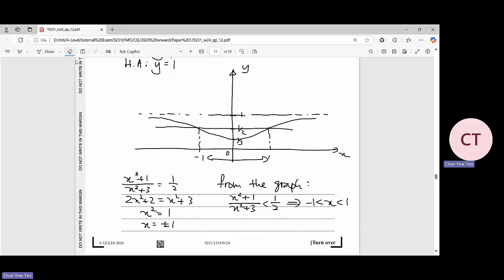The question didn't require you to draw this line, so there's no need for you to draw the line on the diagram. But you should know that when it's a half, the graph will pass through this line. So this will be the answer for question E.